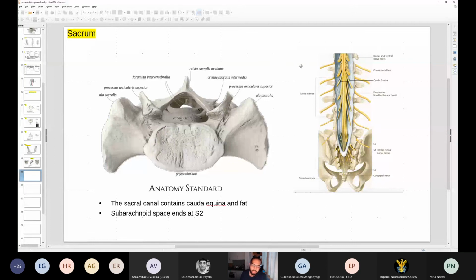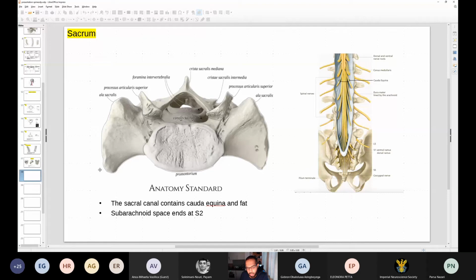The subarachnoid space continues all the way down to S2, and this is also important clinically because when you have a patient that needs a lumbar puncture, as an F1 soon you may be asked to perform one.